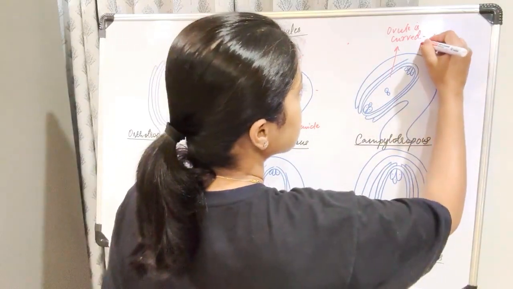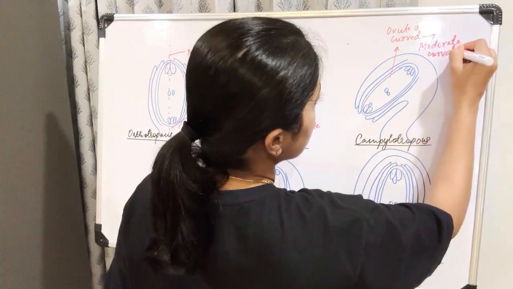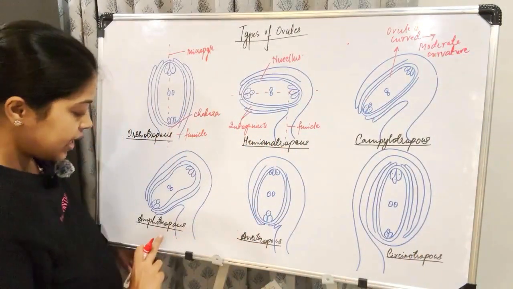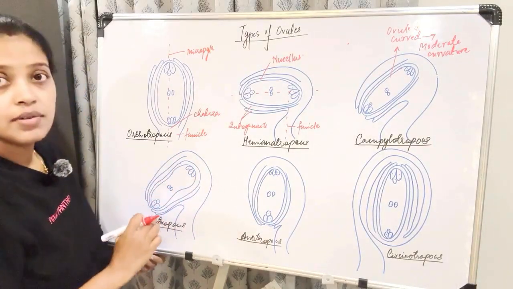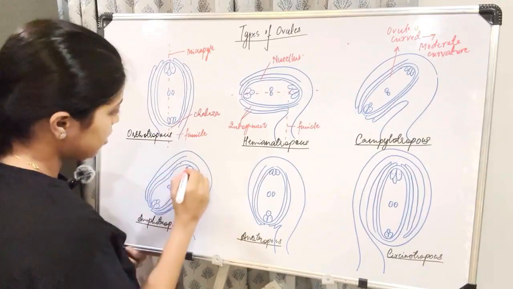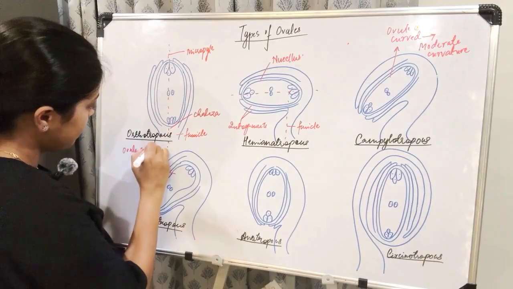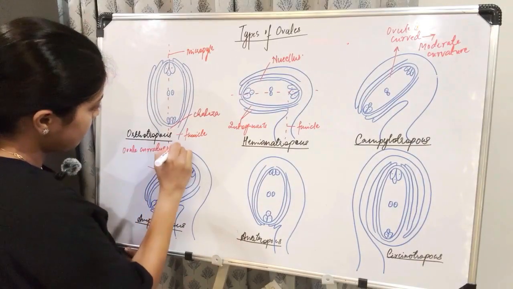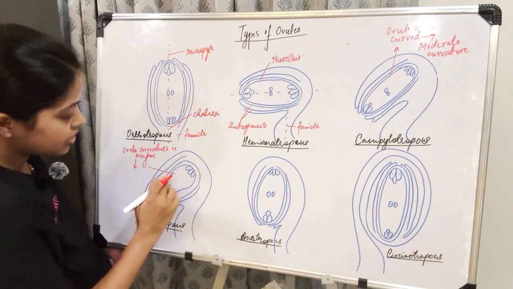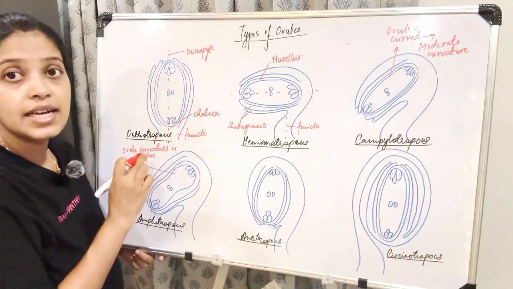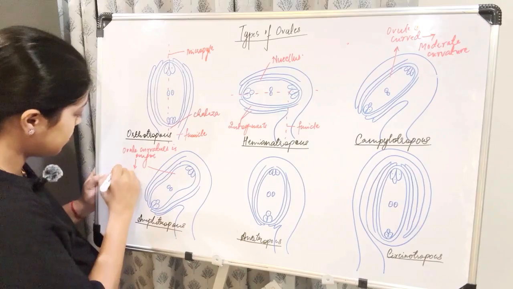But in amphitropous, the curvature is so deep and major that it changes the shape of the inside embryo sac. Here if you can see, the embryo sac is horseshoe shaped.